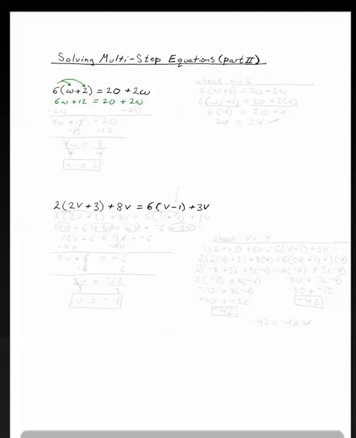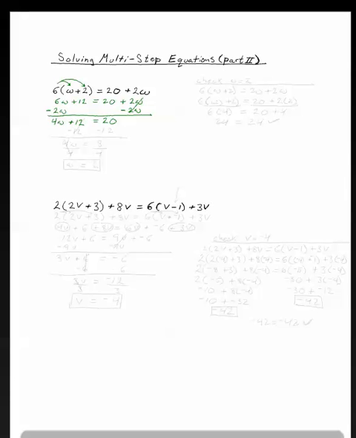So we have a 2w, and we'd like to get rid of that, so we subtract 2w from both sides. 2w minus 2w is 0, so that cancels, leaving me with just 20 on the right. And then 6w minus 2w is 4w plus 12.